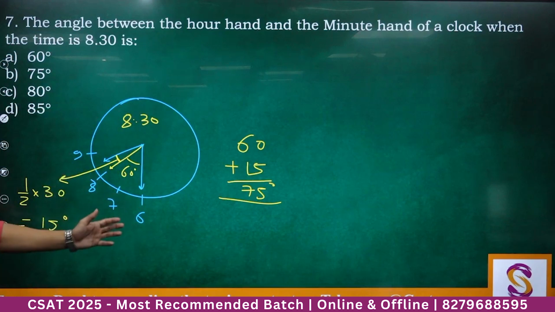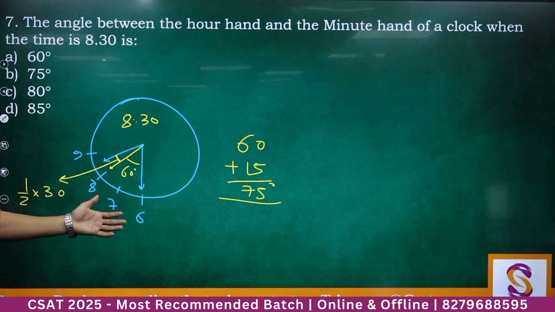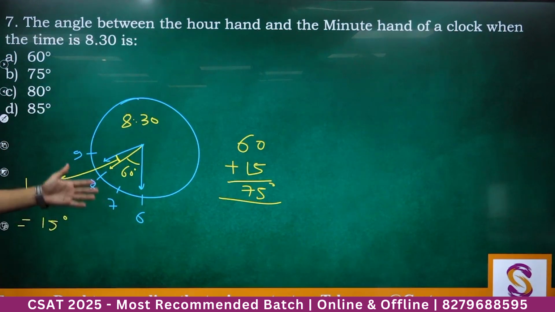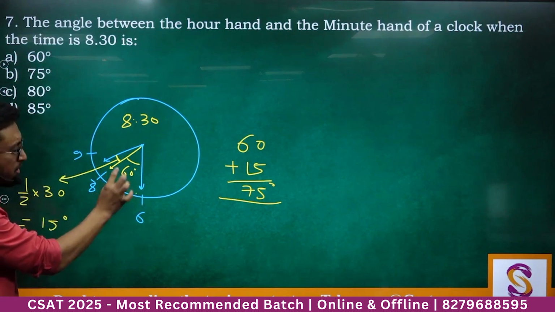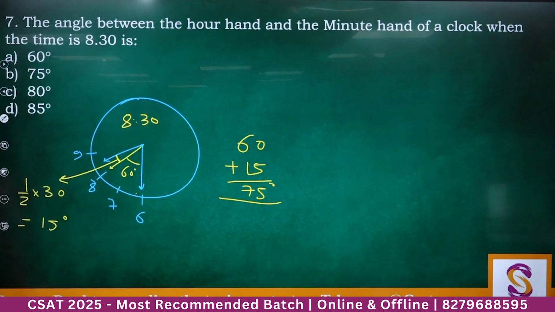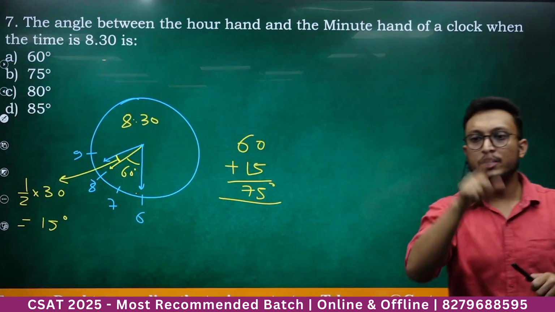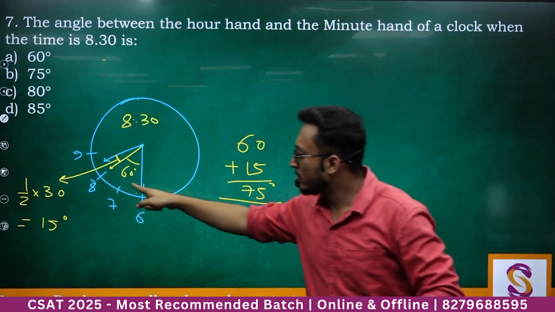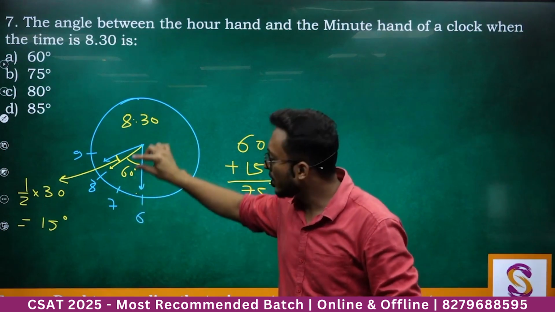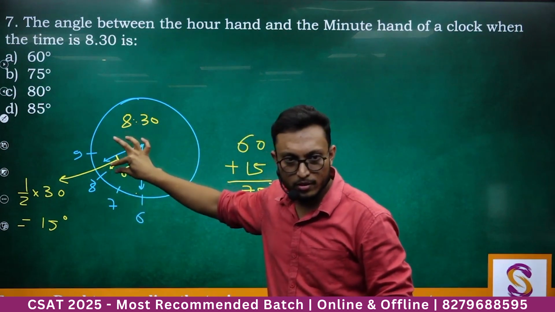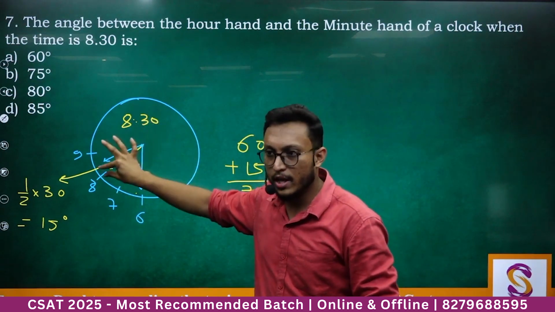ये तो calculate करा. Exam में how will you do directly? कैसे? See, I know this is 2 sectors and 30 minutes. Can I say this will be half sector? भाई 60 minutes में it is one complete sector from here to here. So in 30 minutes this will be half sector. So this will be half of that sector angle.